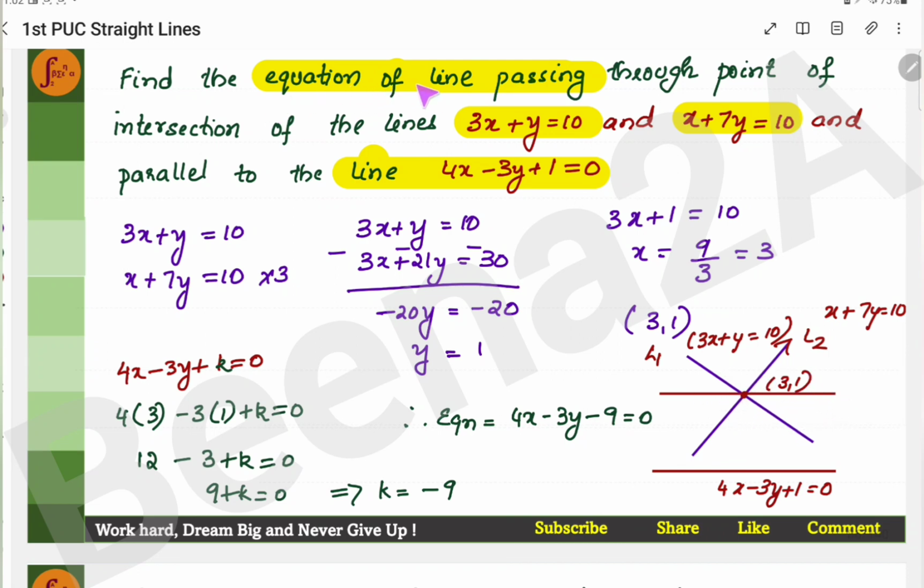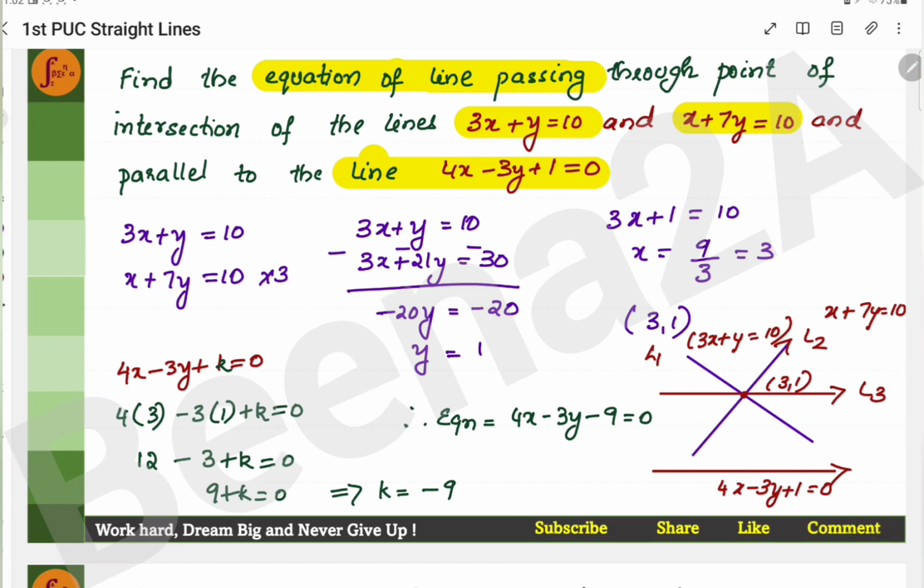Wherever these two lines meet, there is an intersection point. And this line is parallel to this line. So you have 4 lines here.